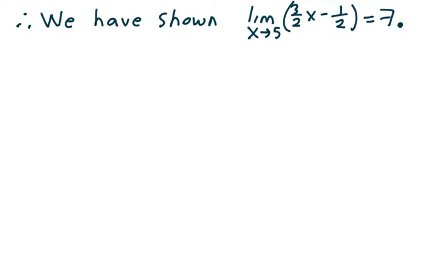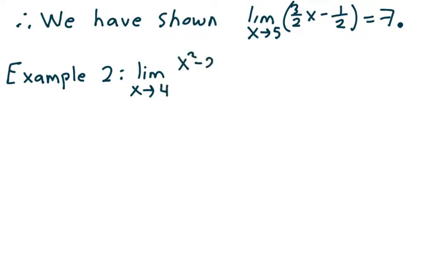And what I want to do is look at a second example here. Suppose I give you this one. Suppose I had the limit as x goes to, we'll say 4, of x squared minus 2x minus 8 divided by x minus 4 is equal to 6. And so we're going to go ahead and look at our preliminary work.